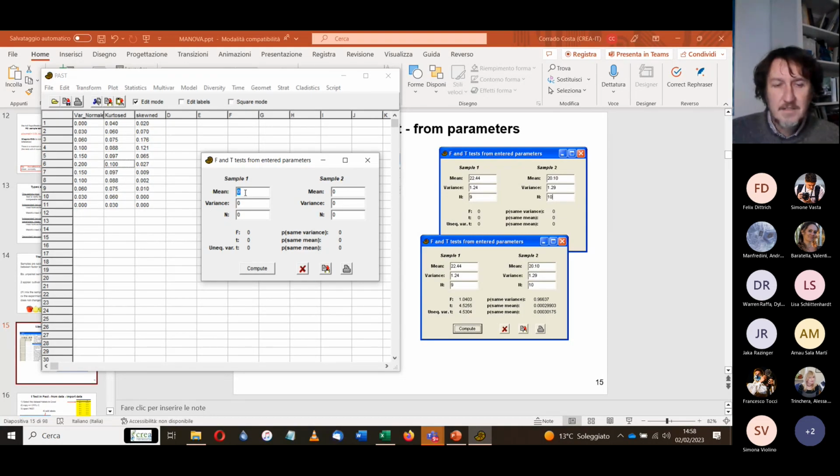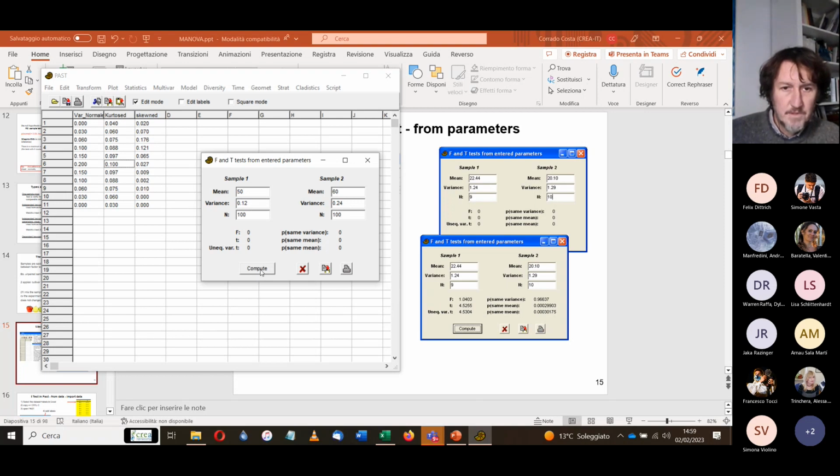So let's start, for example, with the example of the apple, the weight of the apple. From one side, 50 grams. From the other one, 60. Okay. The variance is 0.12 here and 0.24 here. The number is 100 and 100, so the same number.